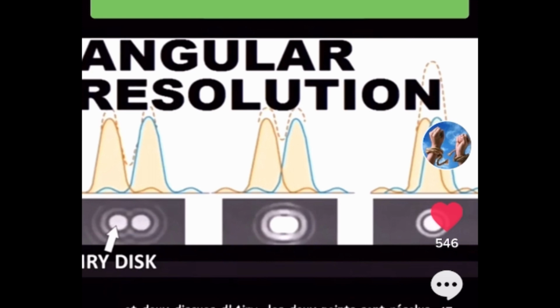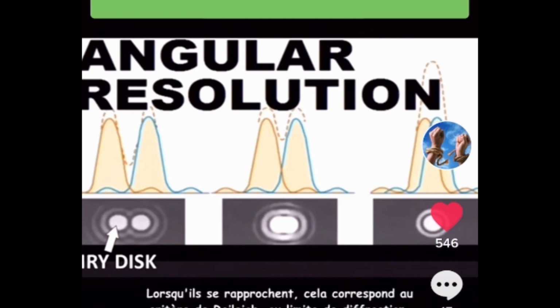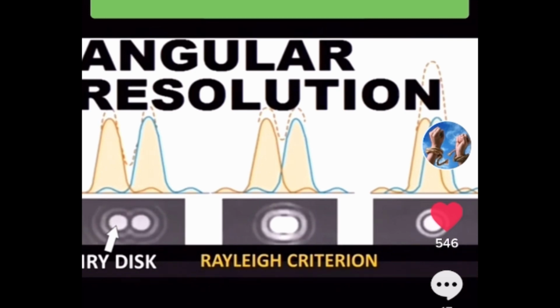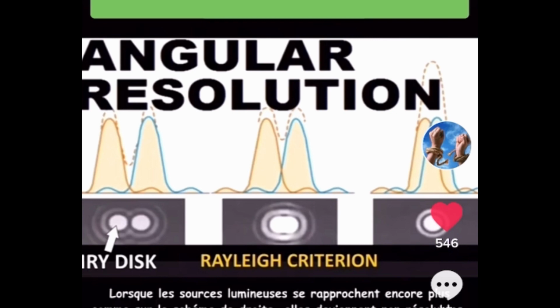They are both resolved. Now when they get closer together, this meets the Rayleigh criterion, or the diffraction limit. And so the Rayleigh criterion specifies the minimum separation between 2 light sources that may be resolved into each distinct object. And when the light sources get even closer on the right hand side, they become unresolvable.